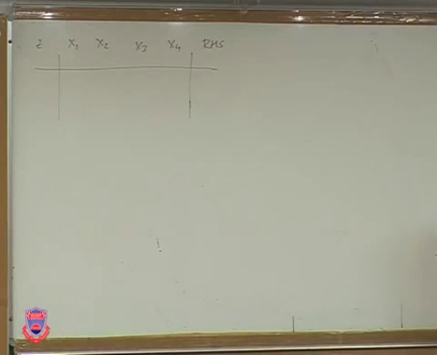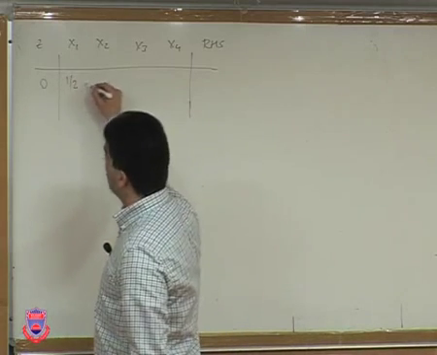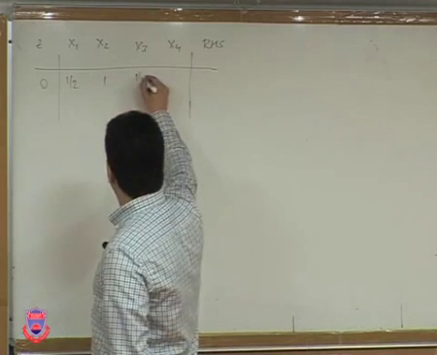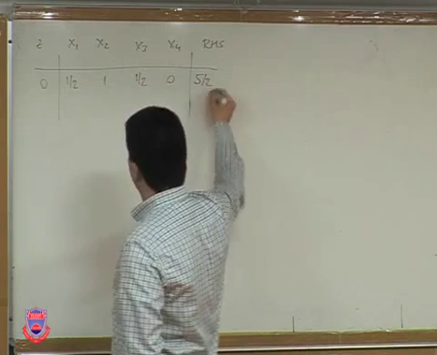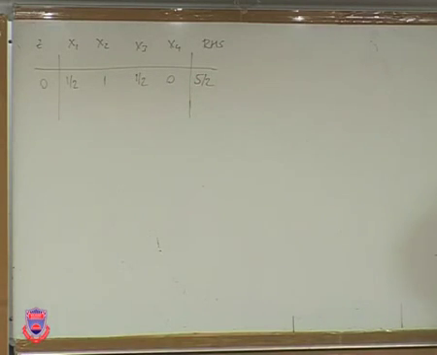What's the first step? Divide row 1 by 2. Remember we number rows as row 0, row 1, row 2. So I'm going to divide row 1 by 2. If I do that, I have 0, 1 over 2, 1, 1 over 2, 0, and 5 over 2. Note that the right-hand side is the same as the value of the minimum ratio test.